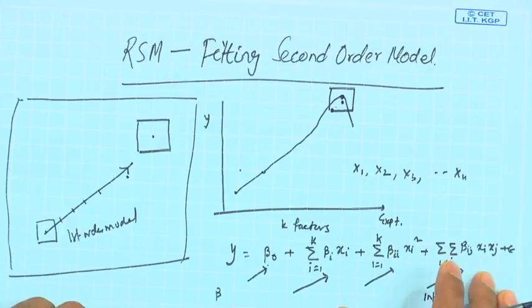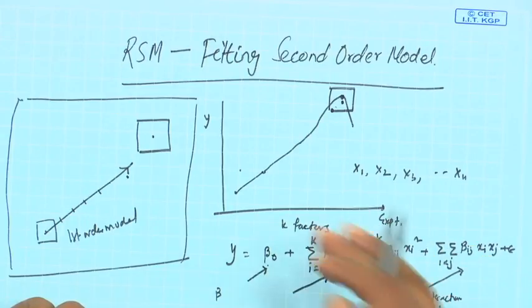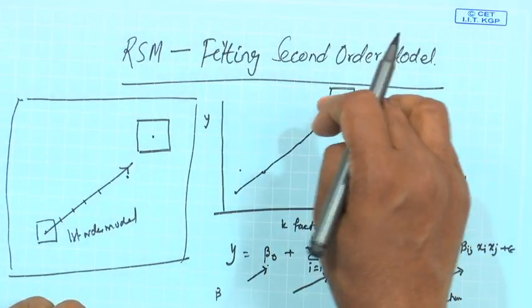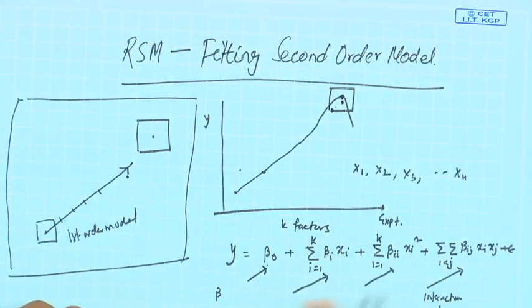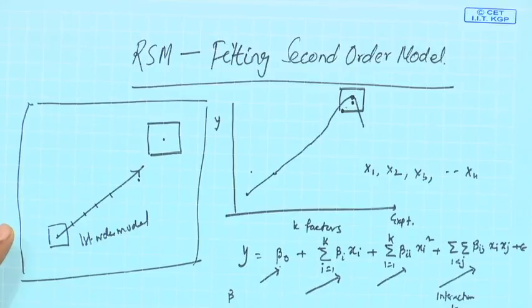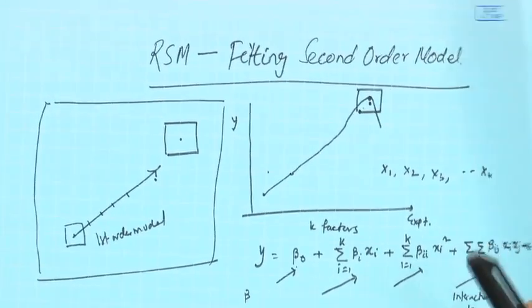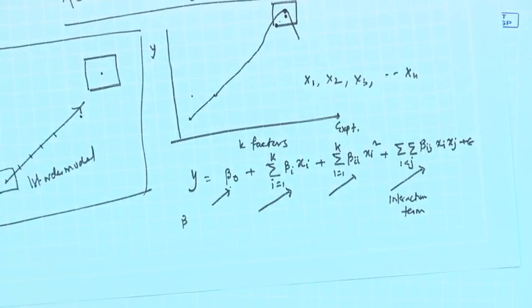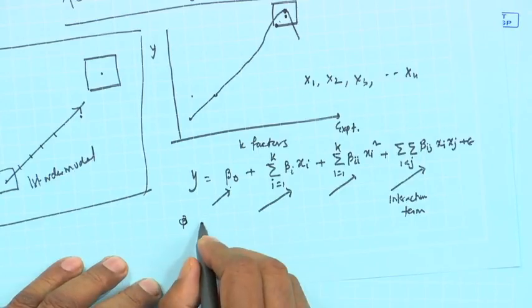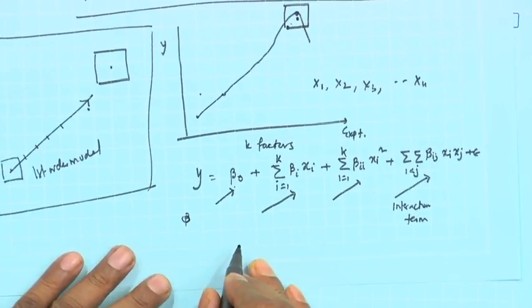We require an experiment where the number of experimental runs is sufficient to estimate all the parameters. At the same time, we should be cost effective, meaning we will not go for a large number of experiments, which is practically impossible. So, what is the number of parameters to be estimated?